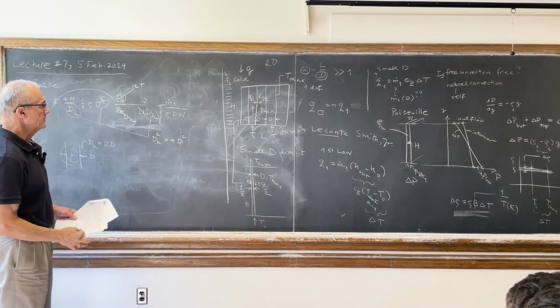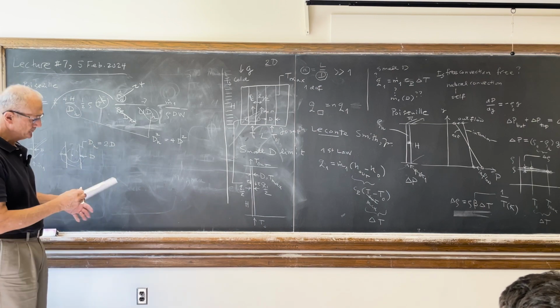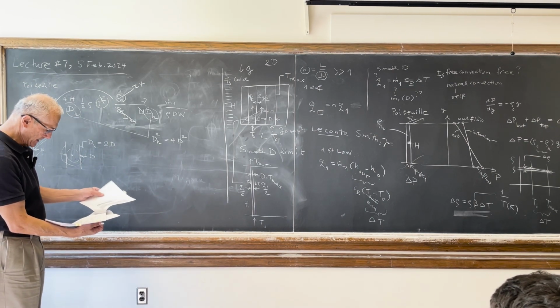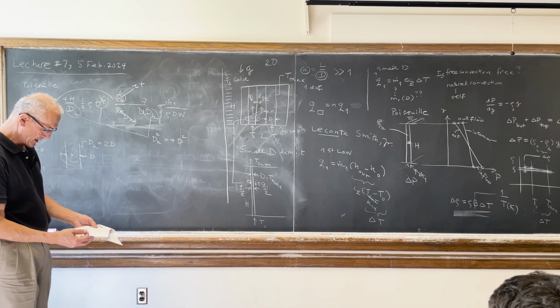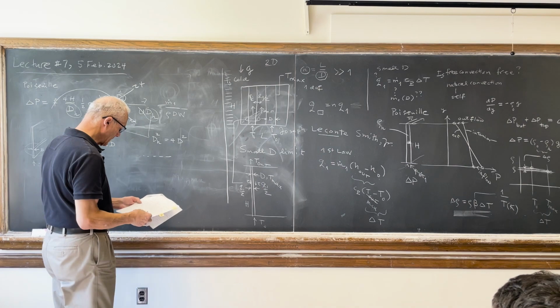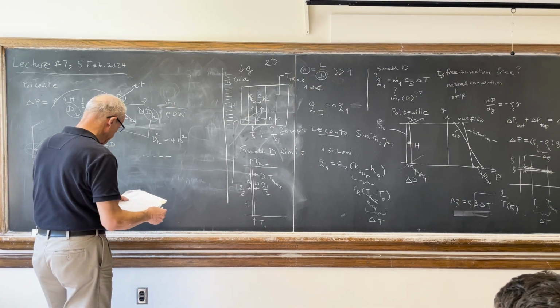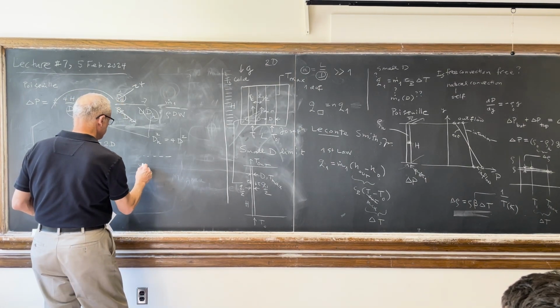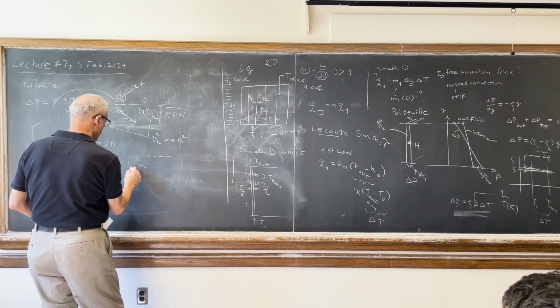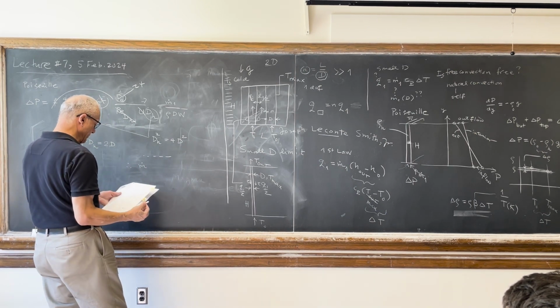So these are the substitutions you make, and you arrive at the formula. Here's where I skip. The formula for m dot 1. This is an intermediate conclusion.